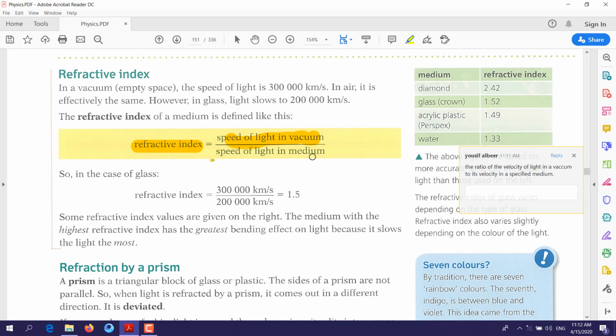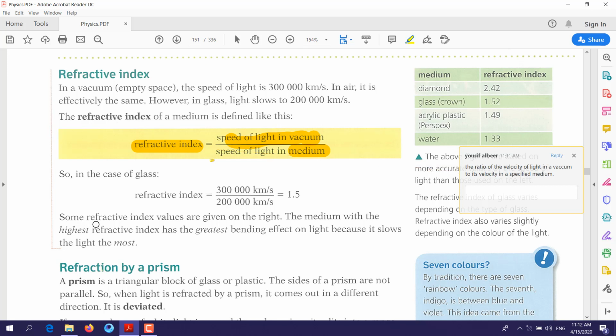But here what will change? The speed of light in medium. This medium we will change. For example, as you can see, we have different mediums: diamond, glass, acrylic plastic, water. Okay, so this is what we mean by refractive index.